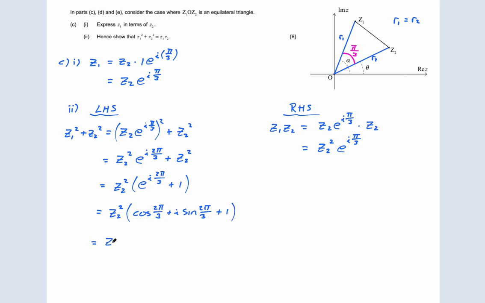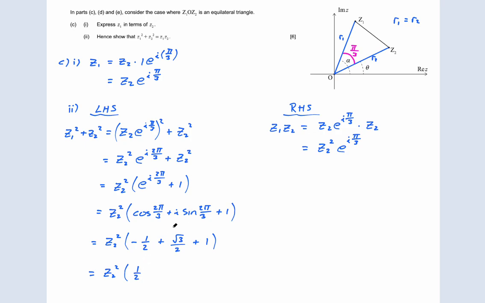Cos of 2 pi over 3 is negative a half. Yes, I do need to know that without a calculator. And sine of 2 pi over 3 is root 3 over 2, and then plus 1.